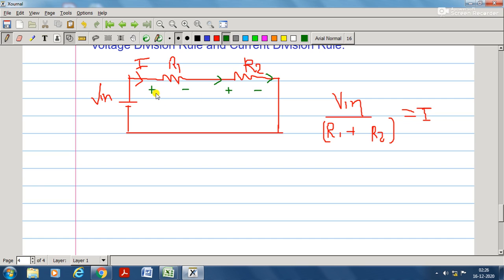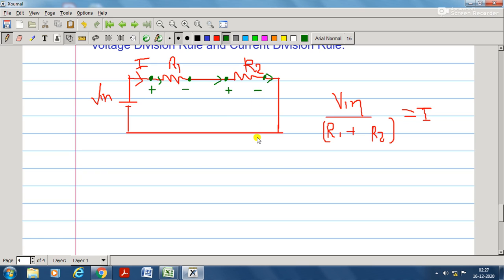The reason behind this notation is that current will flow only in this direction when the potential available at this node is higher than the other node. Then and only then can current flow from one end to another end. The same argument is valid for the second part: the current will only flow when the potential available at this end is higher than the other one.